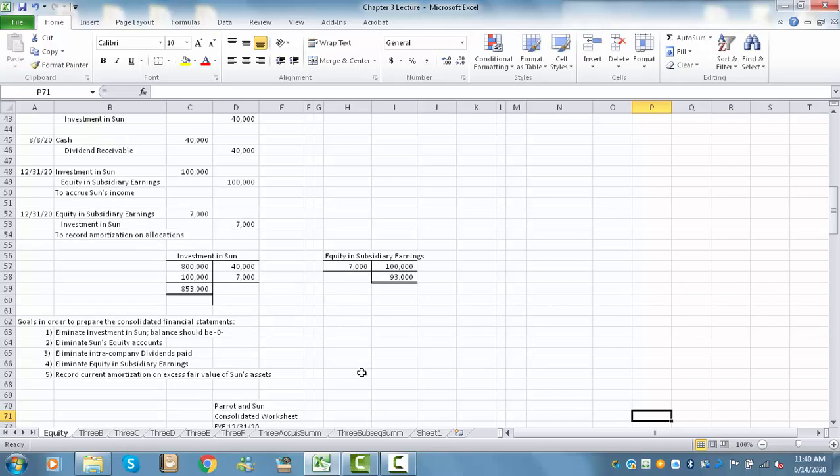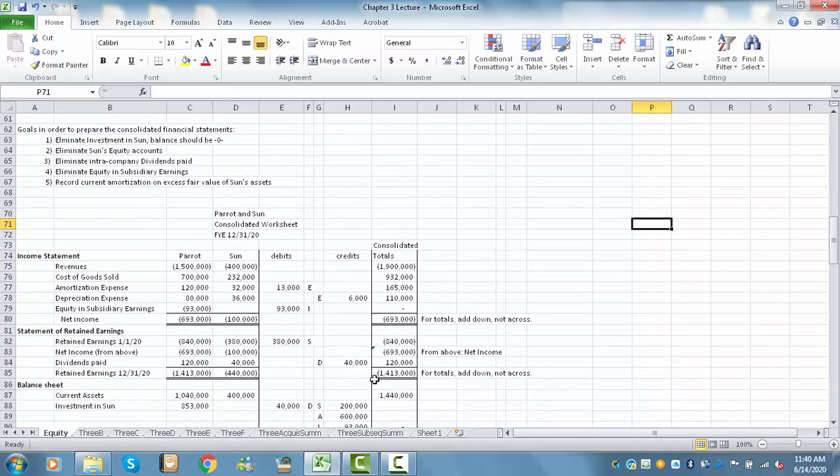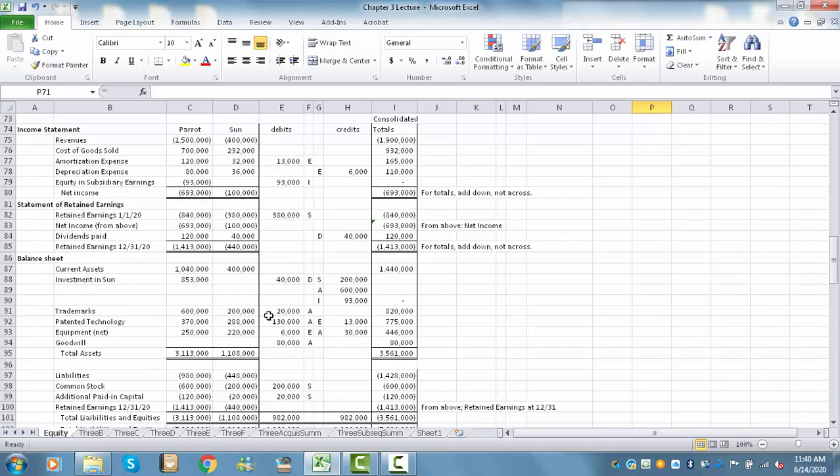All right, it's a tall order. Let's say we put together a worksheet. We know all of the information from each company's separate financial statements. We take that information and we put it into a worksheet. So this is all what's done by each company separately and will remain separate.